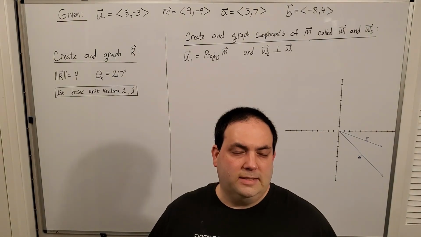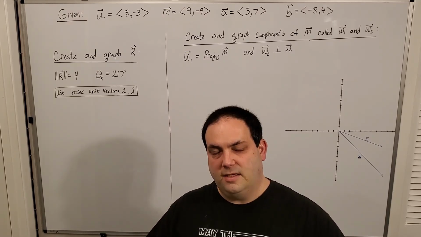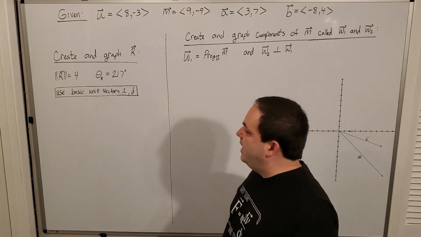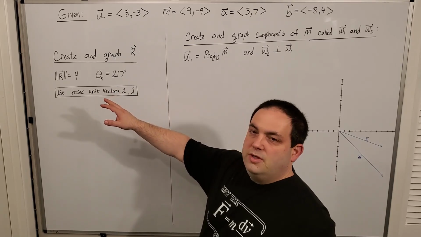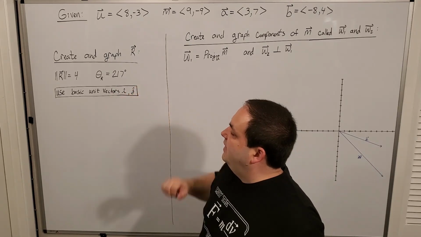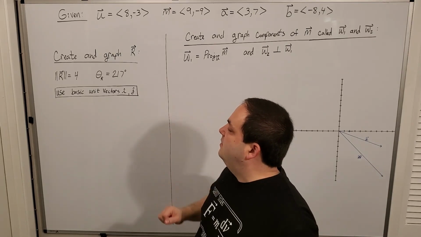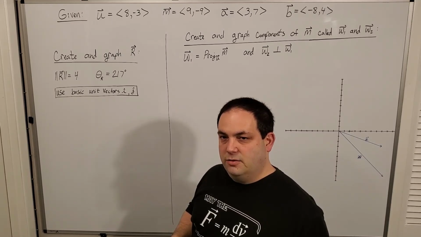Okay, let's continue our investigation into the basic world of just constructing vectors here. I have create and graph vector r such that the magnitude is 4 and the angle of vector r is 217 degrees, and we want to write it in the ij format for the final answer.